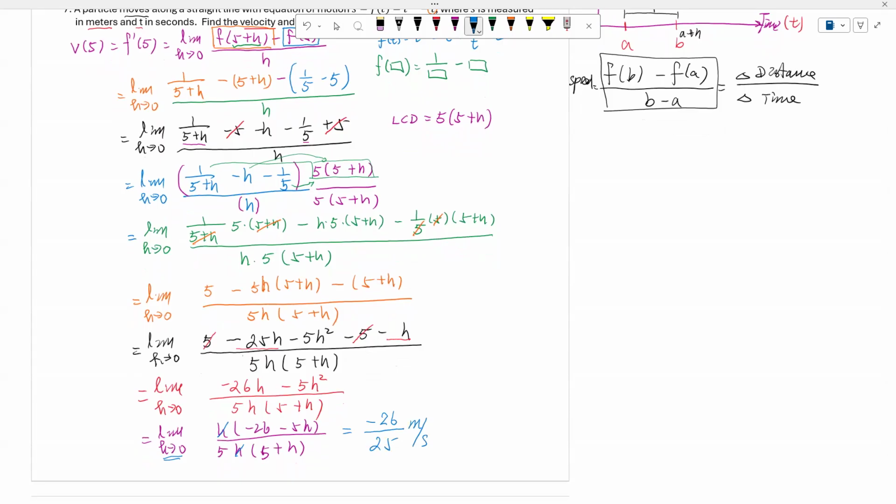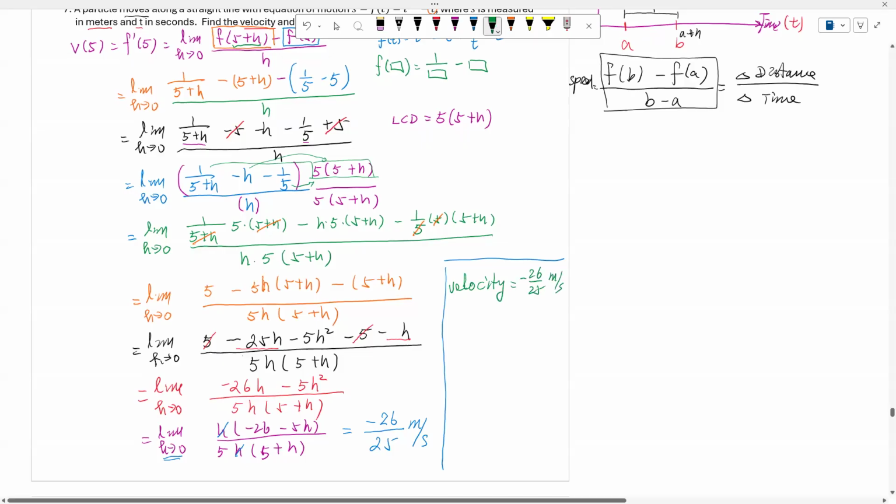So velocity is equal to negative 26 over 25 meters per second, and speed is equal to 26 divided by 25 meters per second. Okay, thank you.